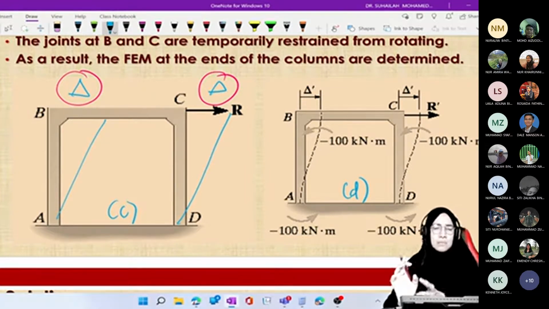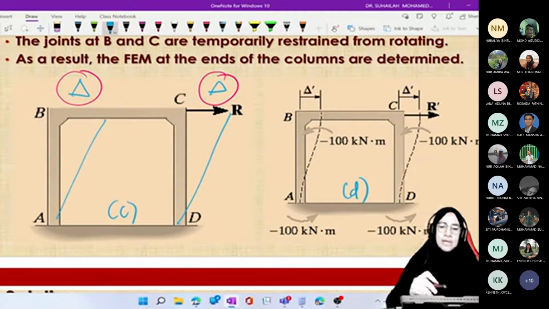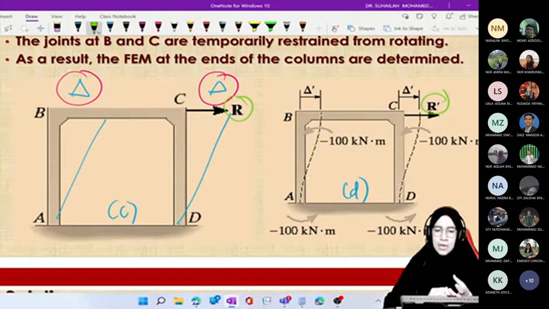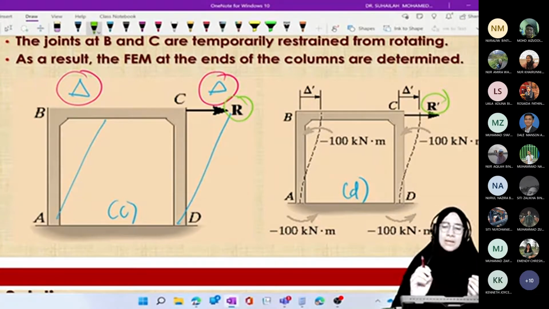We put a prime. If we compare C and D, under C we have R, under D we have R prime. Under C we have delta, under D we have delta prime.